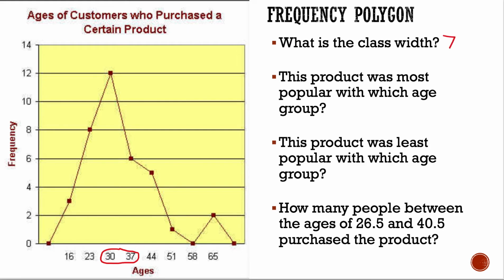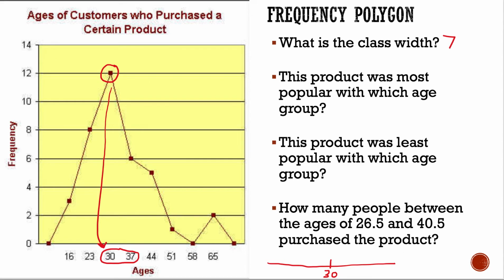All right, this product is most popular with which age group? I would be looking at this top point right here and saying the midpoint is 30 for that point. I know that the midpoint is 30 and that the width is 7, so I need to come up with the age group.